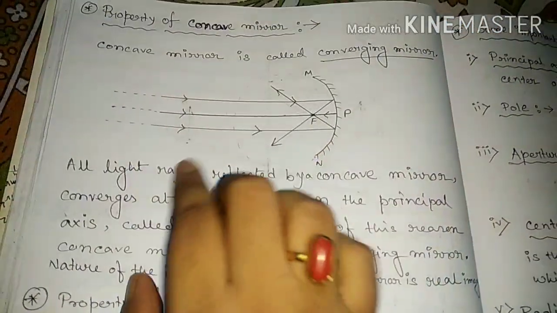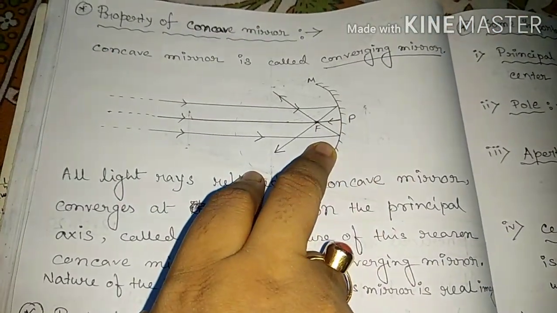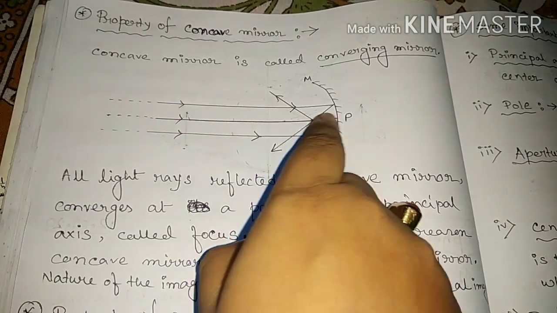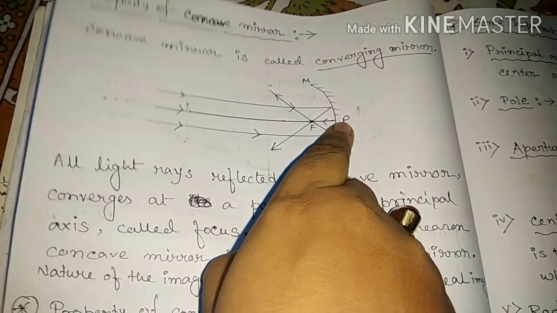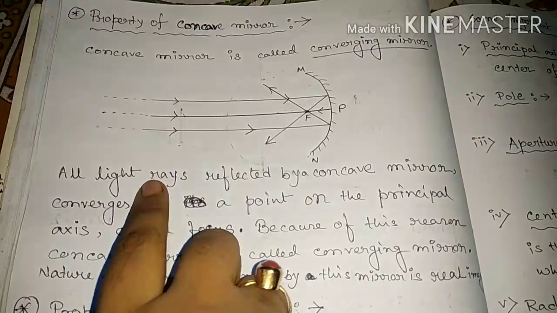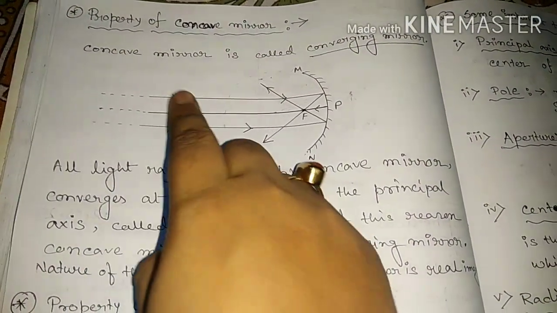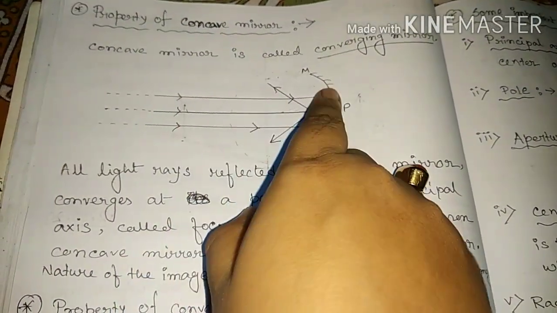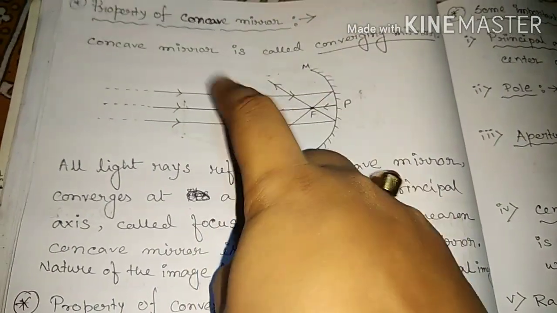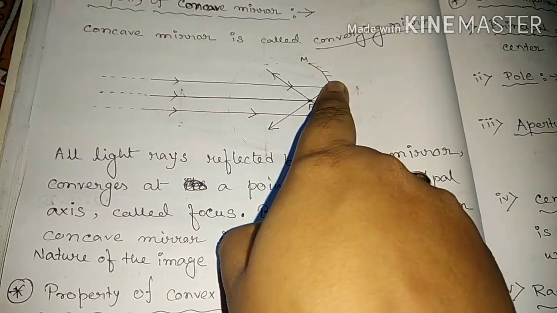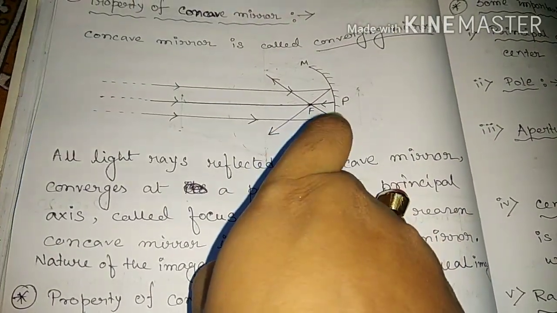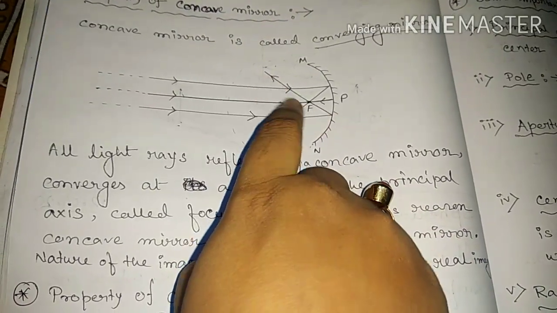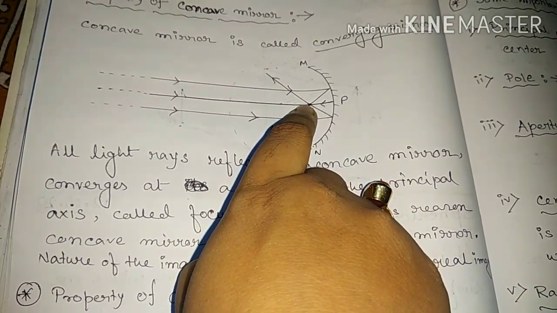In this diagram you see that this is a concave mirror. This is the principal axis, in between which is the point P. P means pole, the middle point of the concave mirror. These two are the incident rays. They are incident on the mirror, and after reflection you see that the first ray passes through one point on the principal axis, and the second one also passes through the same point on the principal axis.